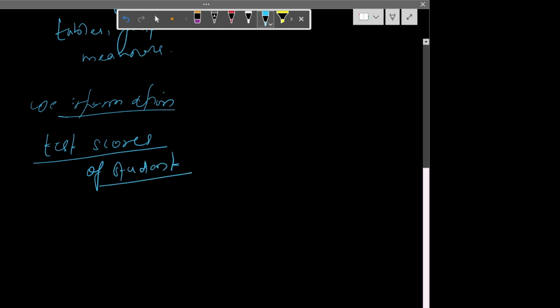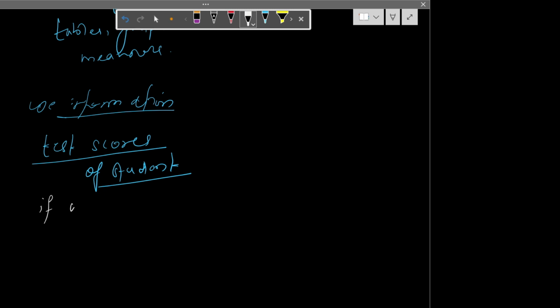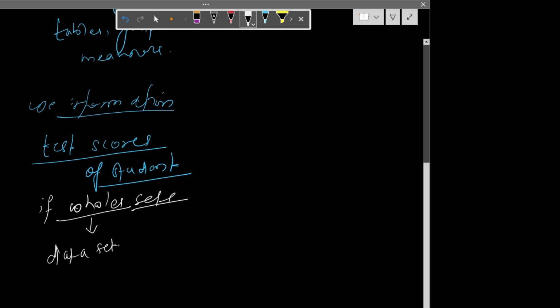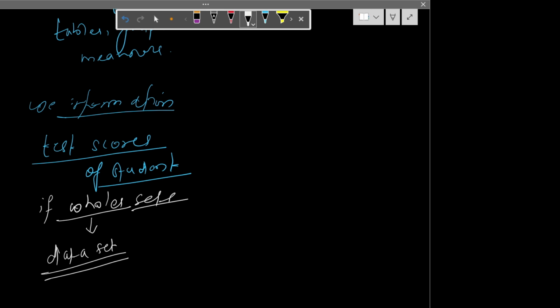If the whole set of numbers represents the score cards of students, then we call it a data set. Another thing that will come here is the element. The element is nothing but the name of a student.